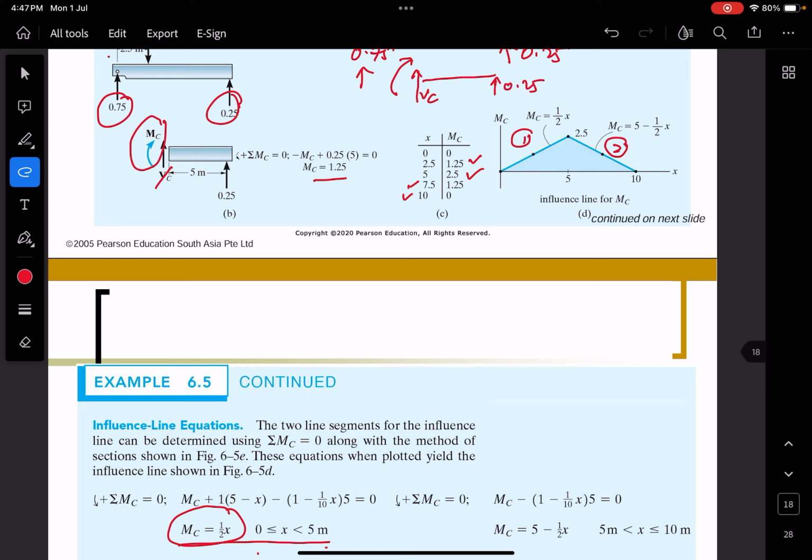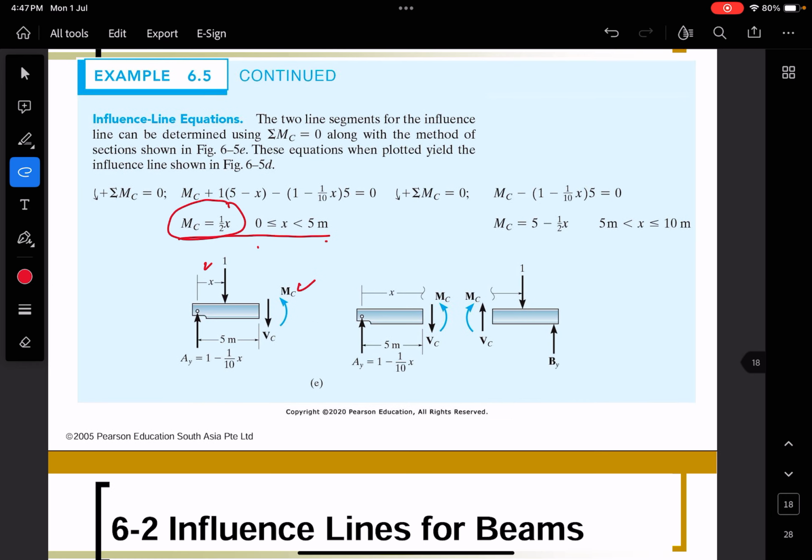How do you come up with the second line, which is the second one? That's why you place your one unit between 5 meter to 10 meter. So when you place your one unit between 5 meter to 10 meter, you end up with this. Do the summation of moment, then you can have this equation.